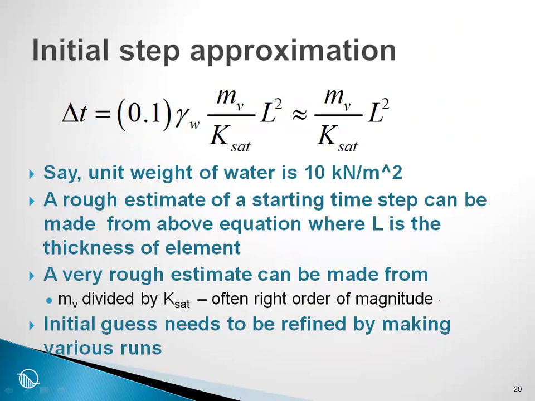Now, if we were to substitute into this equation a time factor of 0.1, and the unit weight of water is 10 kilonewtons per meter cubed, then this equation reduces to approximately m sub v over k sat times L squared.